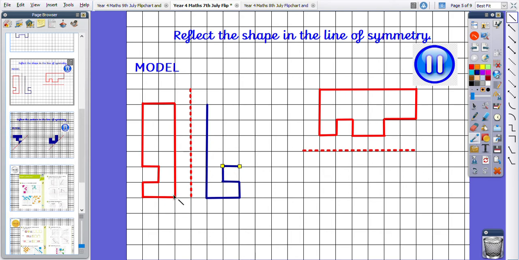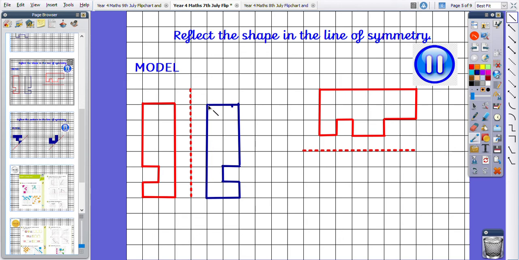So don't think about it as left and right, think about it as going towards the mirror line or away from the mirror line. And I'm travelling 4 up, so all the way to the top of my shape. And finally finishing it off by travelling 2 squares back towards my mirror line. Oh, that wasn't very good.